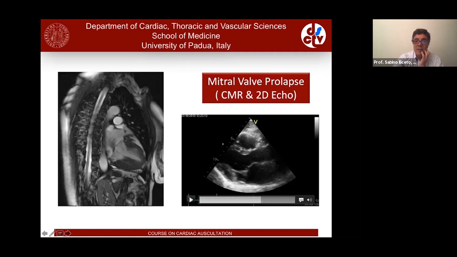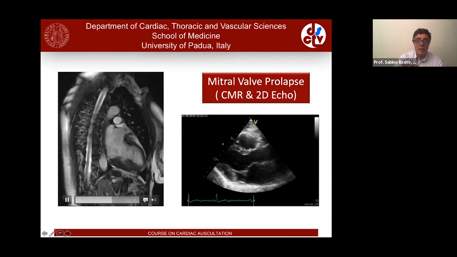This abnormality is the key factor for understanding everything in mitral valve prolapse. So in these images, we have a nice recording: prolapse of both leaflets, mitral regurgitation, and this abnormality.